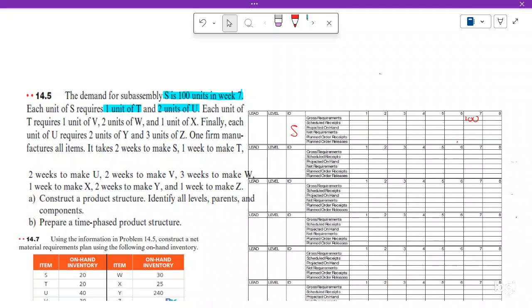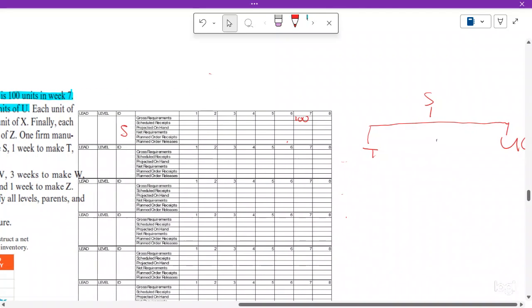Then T requires 1 unit of V, 2 units of W, 1 unit of X. So it requires 3 products, which is VWX.